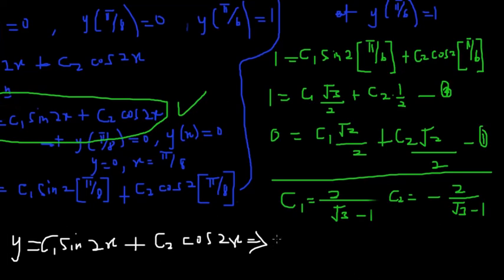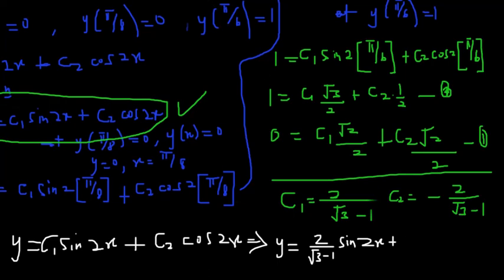So our equation will be y equals C1, which is 2 on root 3 minus 1, sine 2x, plus our C2, which is minus 2 on root 3 minus 1.